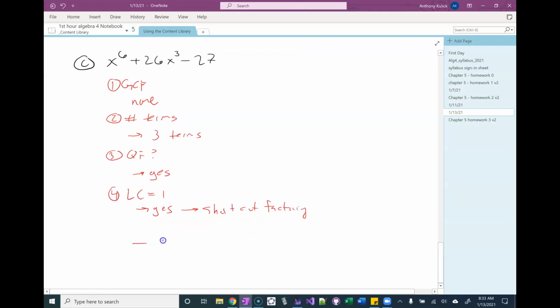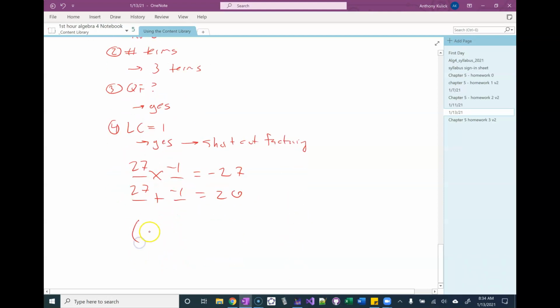So we just need the 2 numbers that multiply to give us negative 27 and add to give us 26. So those 2 numbers would have been positive 27 and negative 1.